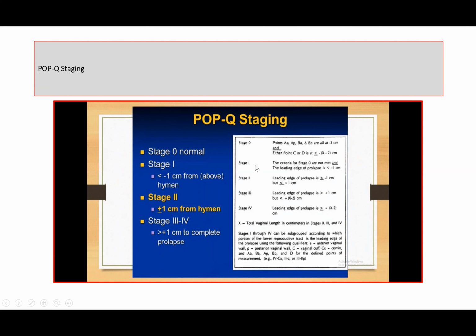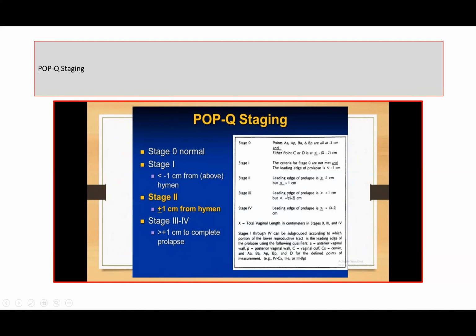So now coming to stage 1. Stage 1 is, just to keep it simple, here the leading edge of the prolapse is less than minus 1 centimeter above hymen. Okay. Stage 2 is where the leading edge of the prolapse is more than or equal to minus 1, but less than or equal to plus 1 centimeter from the hymen.